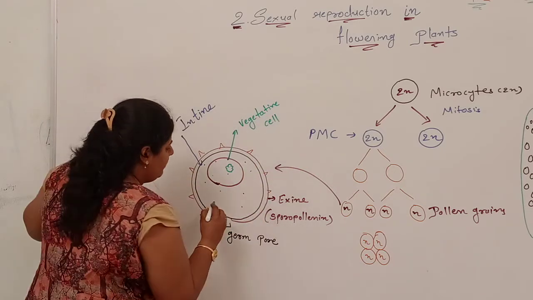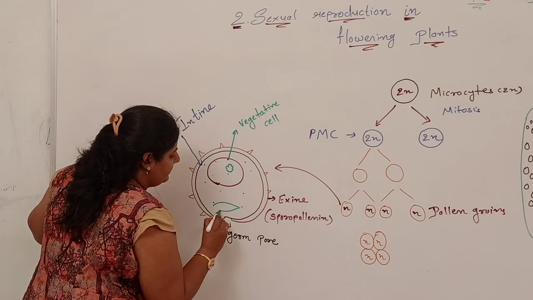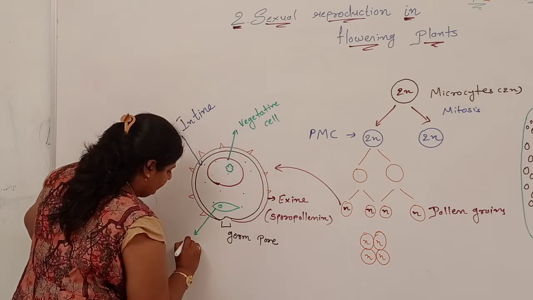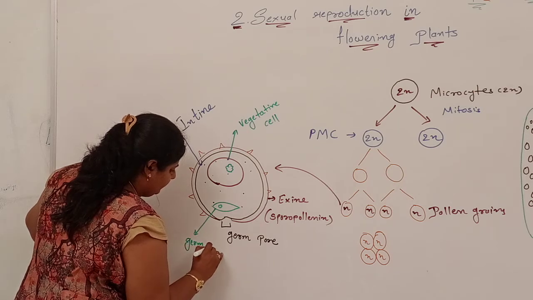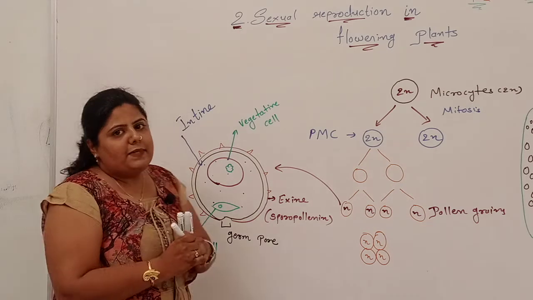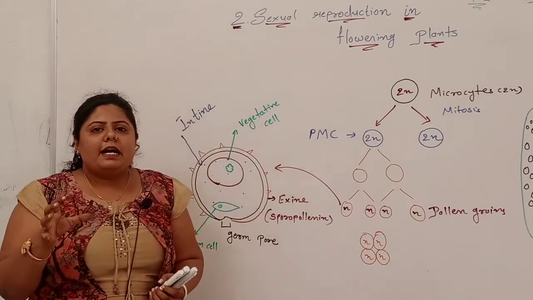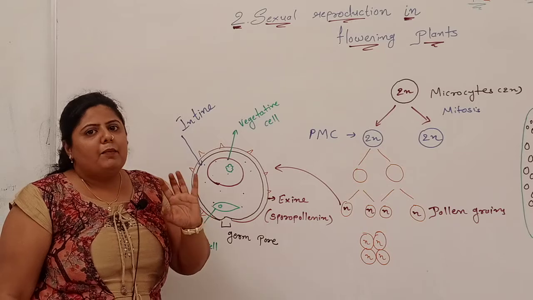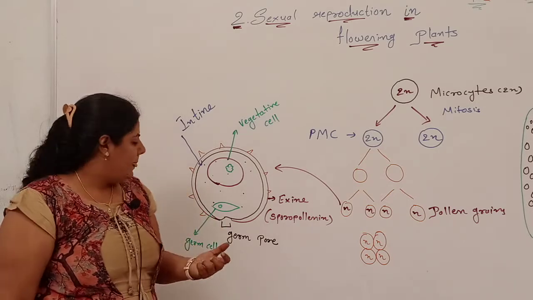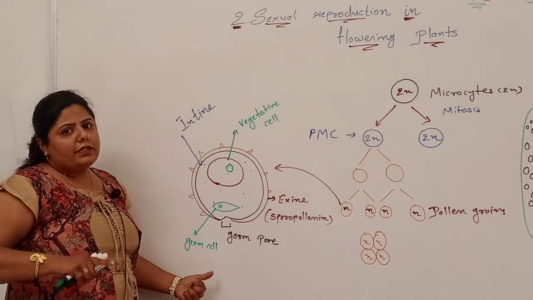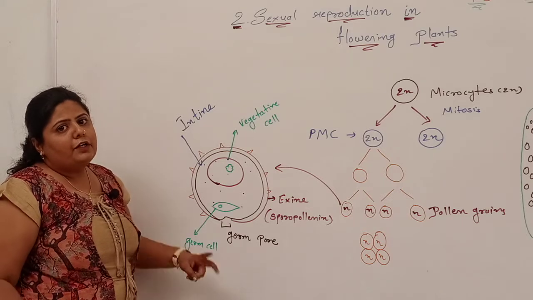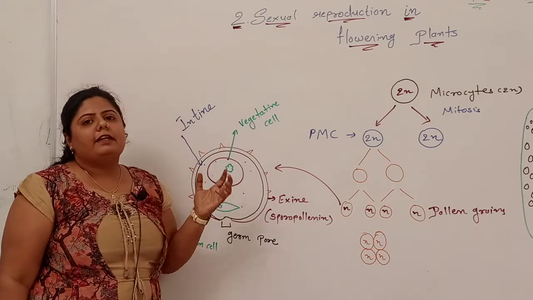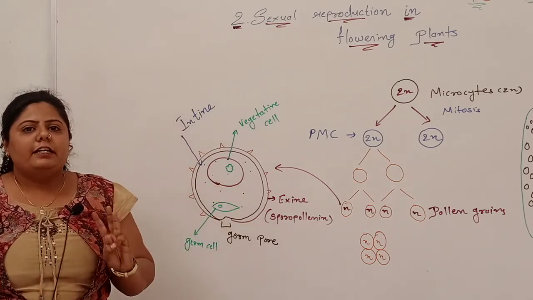Another cell which is spindle shaped and contains a round nucleus is called the germ cell. So in many plant species, pollen grains are released in this 2 cell condition. But in some plant species, this germ cell mitotically divides and forms 2 other cells. So in some plants, the pollen is released in 3 cell condition.